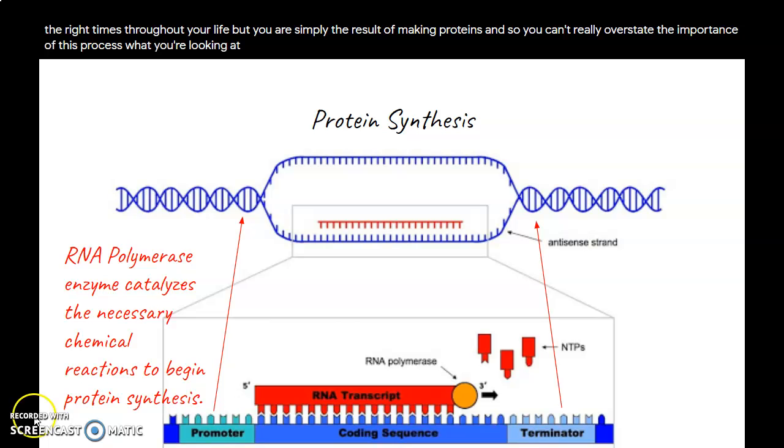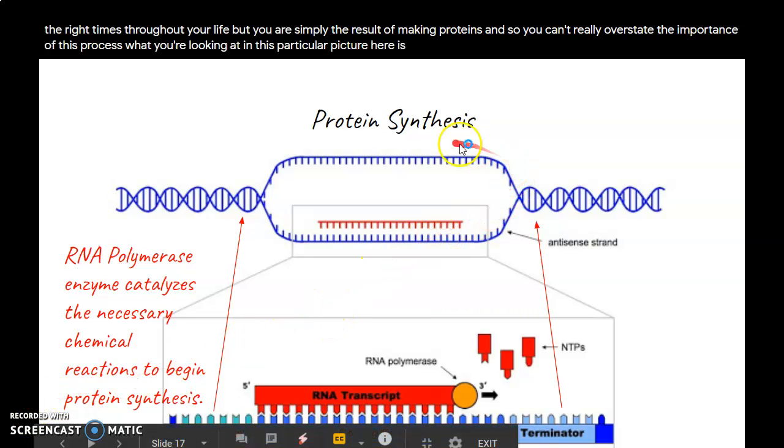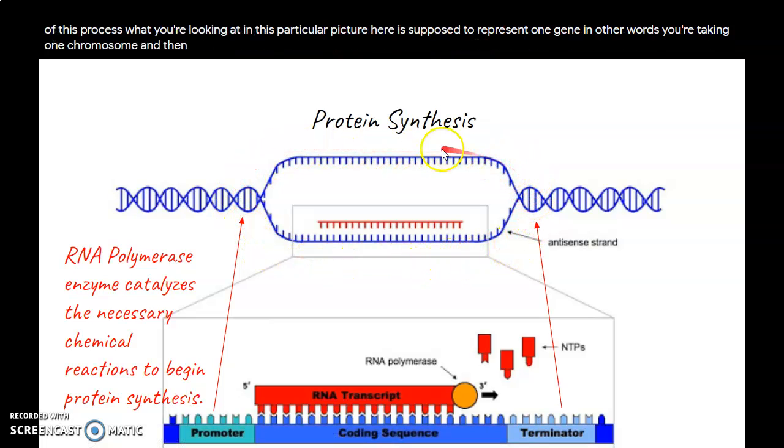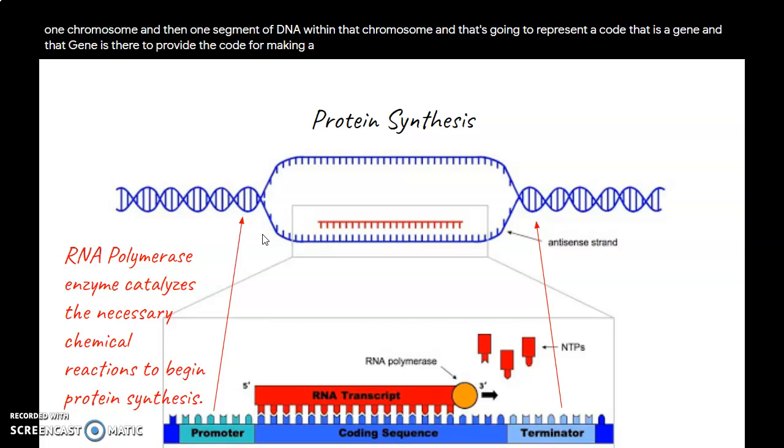What you're looking at in this particular picture here is supposed to represent one gene. In other words, you're taking one chromosome and then one segment of DNA within that chromosome, and that's going to represent a code that is a gene. And that gene is there to provide the code for making a specific protein.